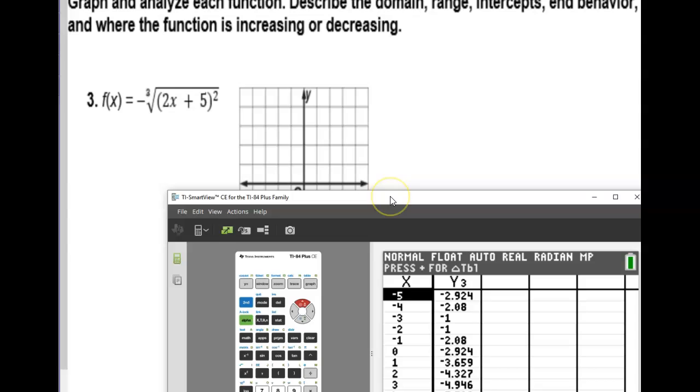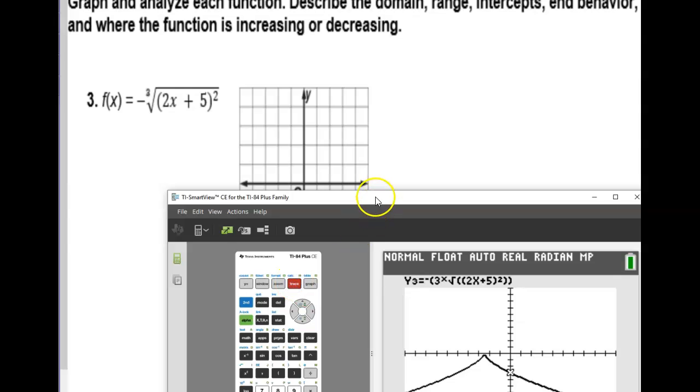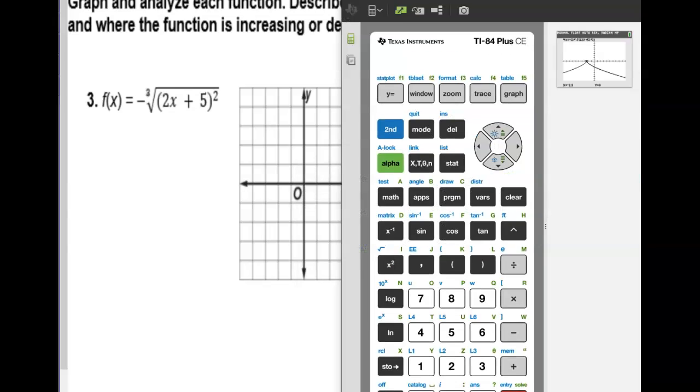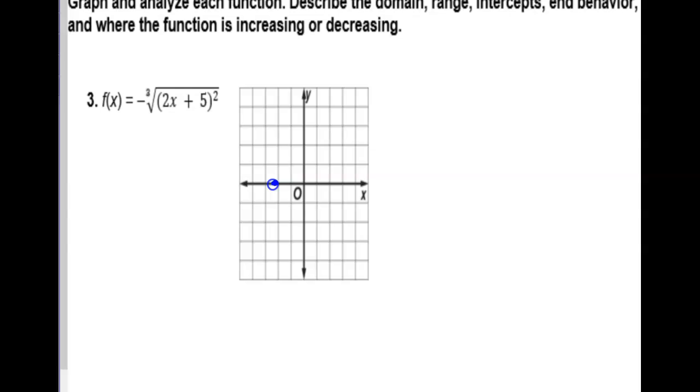But in between there, it's not going straight, right? If you trace over here, if you put in -2.5, it does hit here. So real quick, at -2.5, it's hitting, and then it's going down this way and down this way.